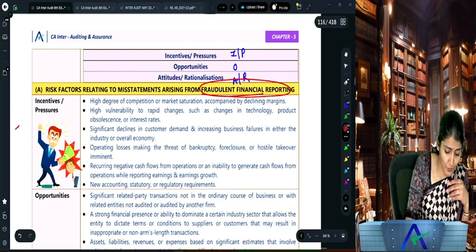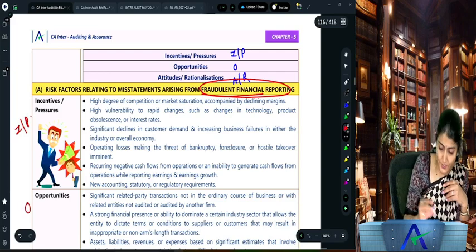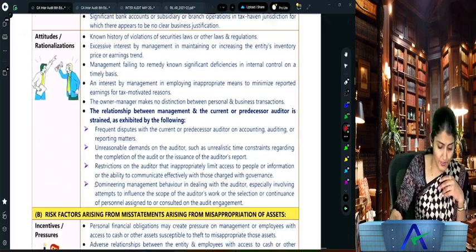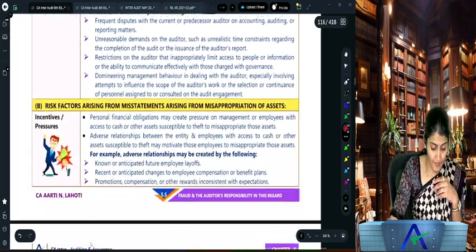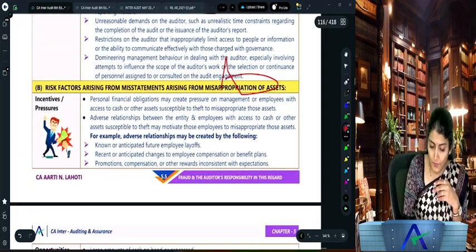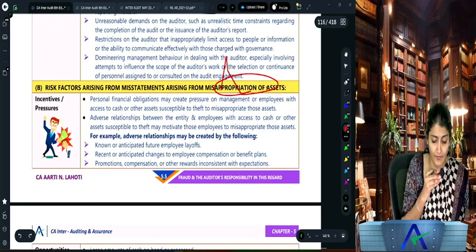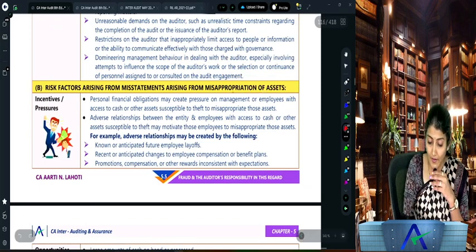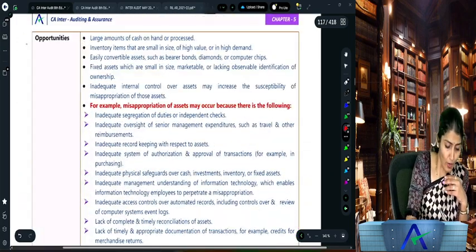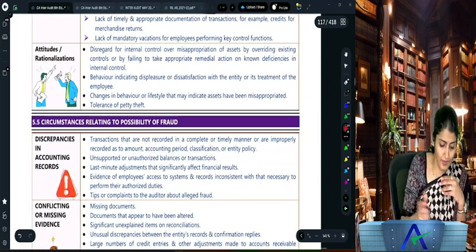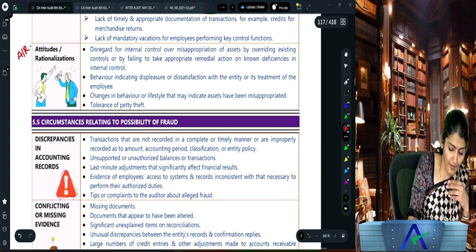Under that you have incentives and pressures, the opportunities, and the attitudes and rationalization. And the second one, the misappropriation of the assets. Under that, again the incentives and the pressures, then the opportunities, and then the attitudes and the rationalizations.